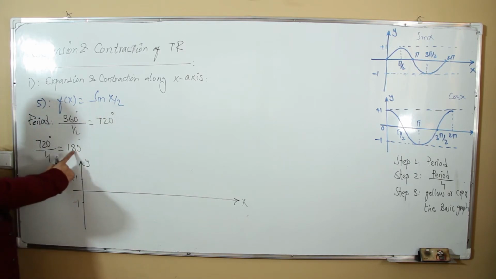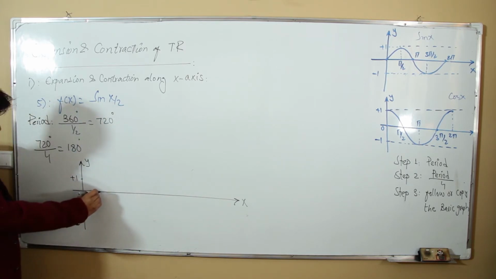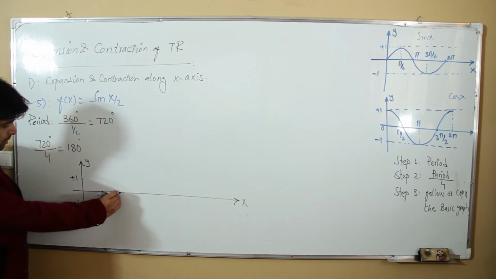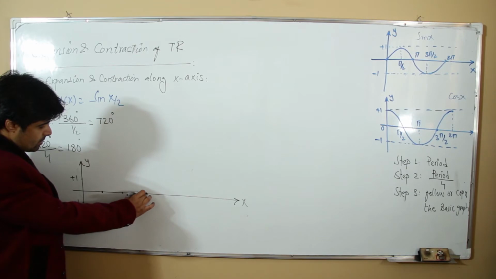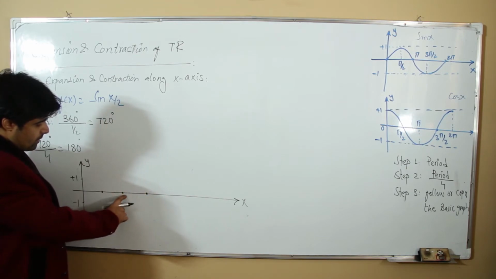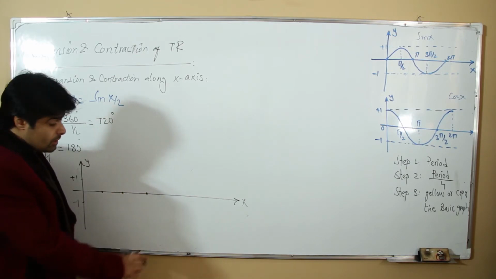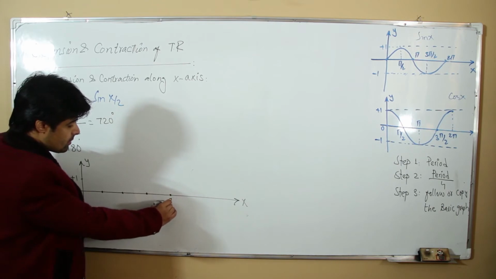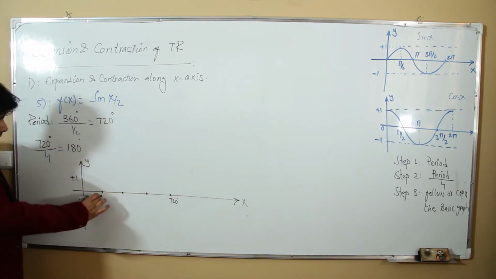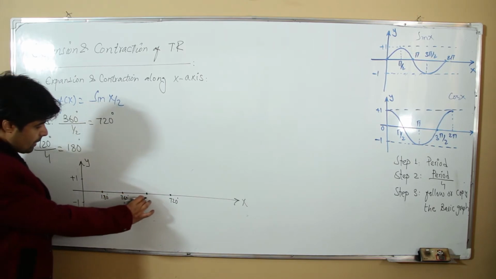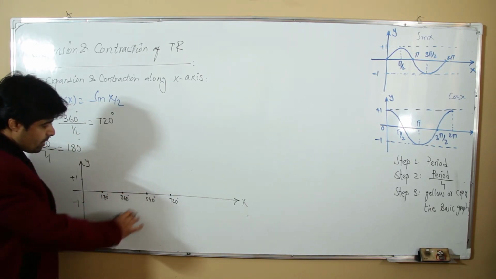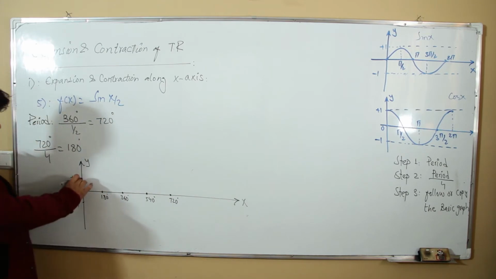Now you have to define every 180 degrees: 180, 360, another 180 more which is 540, and this is 720.